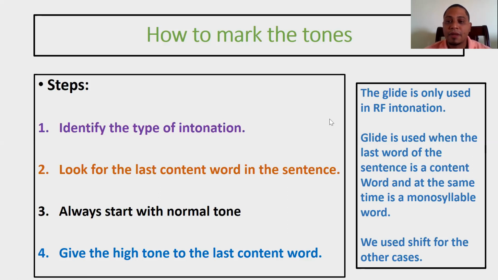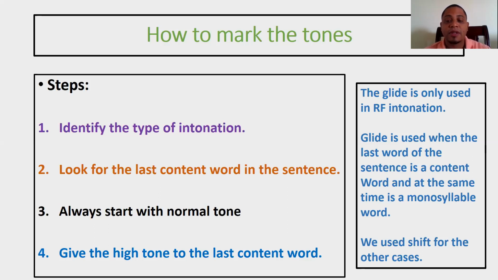Now, I also wanted to clarify about the difference between glide and shift. It says here that glide is only used in rising falling intonation. Okay, it's only in rising falling. In rising intonation, you don't have glide. So the glide is used when the last word of the sentence is a content word and it has rising, falling intonation.